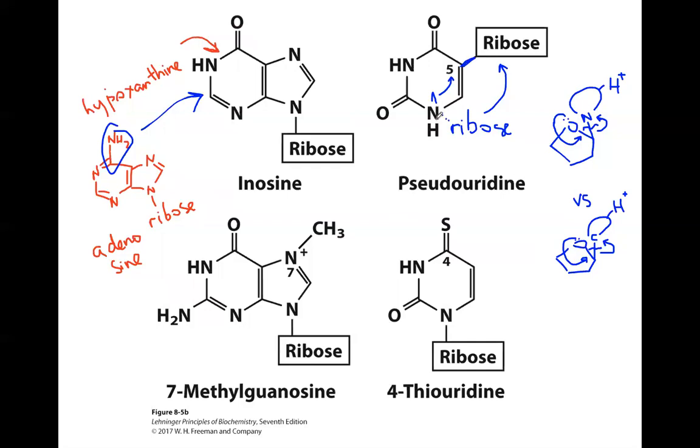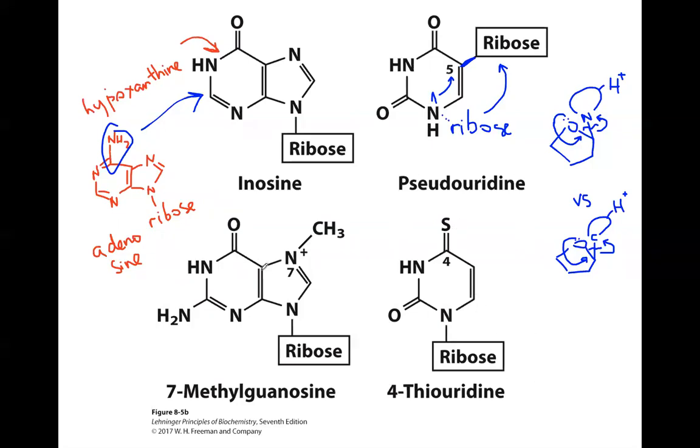Right, so here there's an H, here there's none, so there's a hydrogen bonding possibility here, and there's no hydrogen bonding possibility on carbon 5. So maybe folding becomes important. If you add an extra hydrogen bond, then the folding preferences will change as well. So that could be another reason. Yes, that's correct. Good answer.